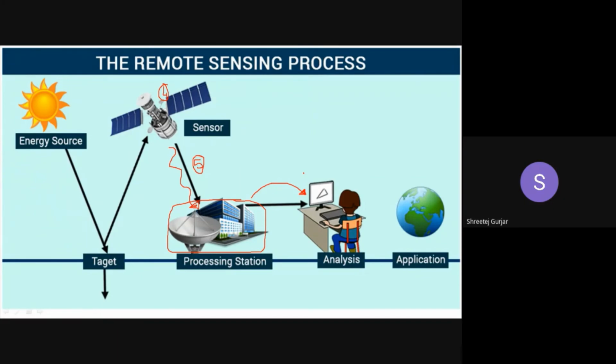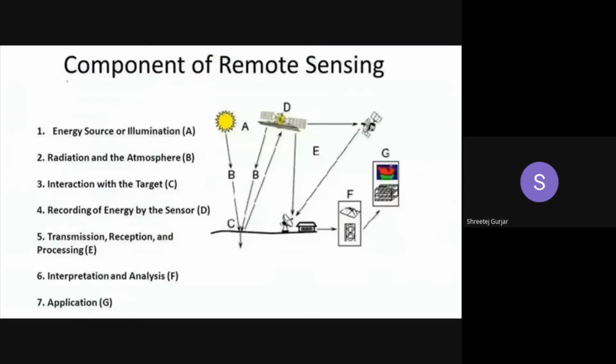When you analyze this data, after the data is analyzed, it is sent to the users for various applications. We have various users and various uses of this analyzed data. So application is the last part of this process. This is also called the idealized remote sensing process. I will show you one more image showing the components of remote sensing.